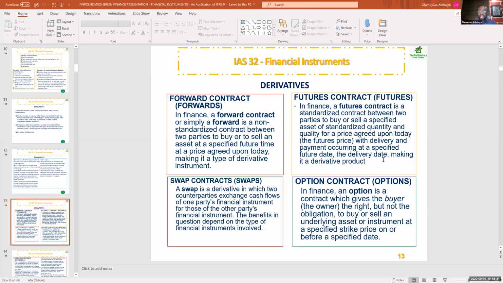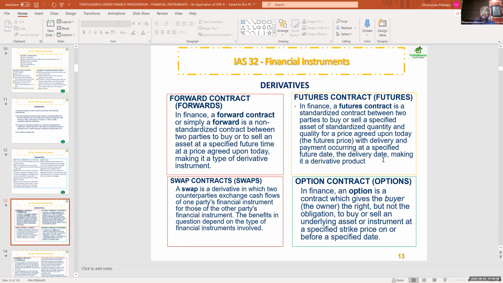Now, the 450 we agreed is not only to cater for the first quarter. The 450 will be the fixed rate that we exchange at in the first, second, third, and fourth quarters. By the end of the first quarter, we make settlement and exchange, and by the end of the second quarter, we do the same, up to the fourth quarter. That is the uniqueness of it compared to a forward. A forward is just a single contract, while a swap is a series of forward contracts.